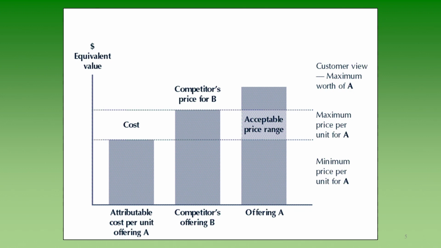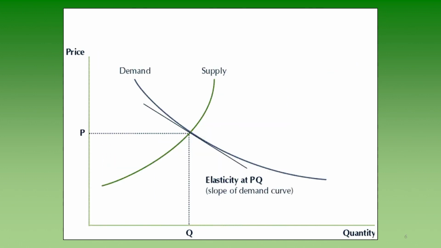So even though the worth in the customer's mind could go to the top of the right hand column, the price will actually be pegged somewhere in between because of competitive pressure. If you remember the pyramid that we saw in an earlier session, competitive pressure and cost are continuous factors playing upon the final price that is set.